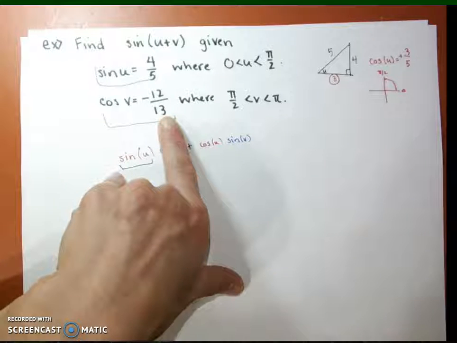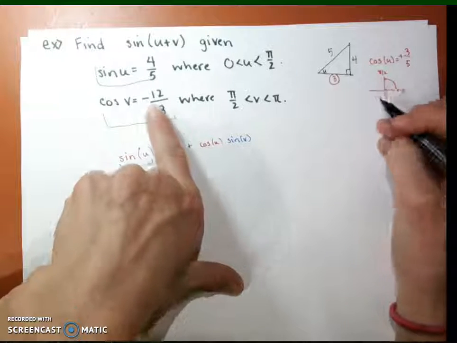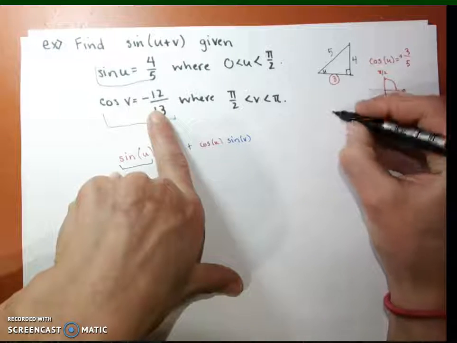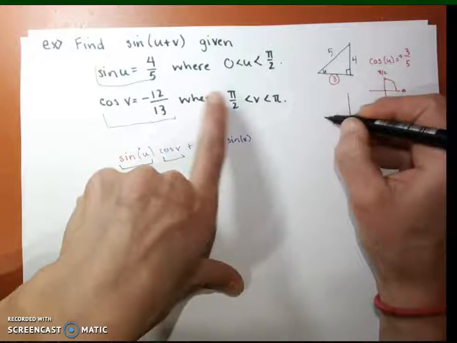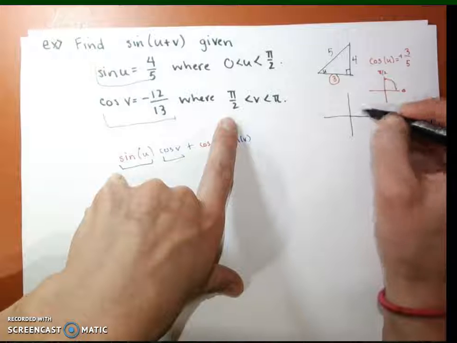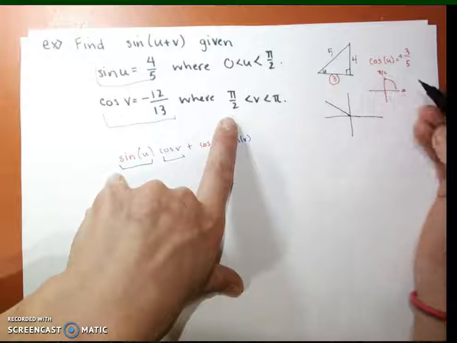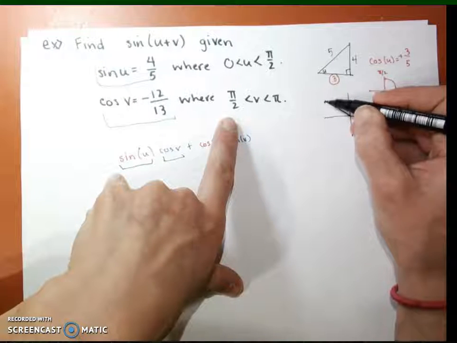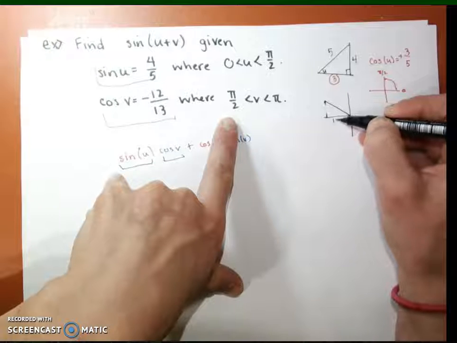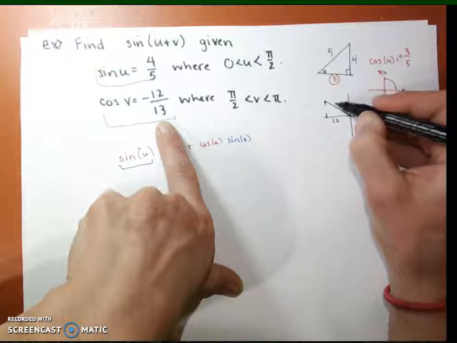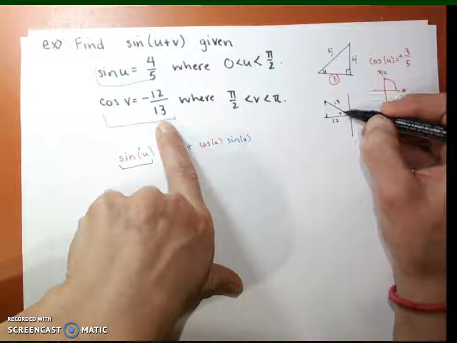Now I know that cosine of v is negative 12 over 13, and v is between pi over 2 and pi, so it's part of some triangle in the second quadrant, where I have 12 in this direction and 13 in this direction.